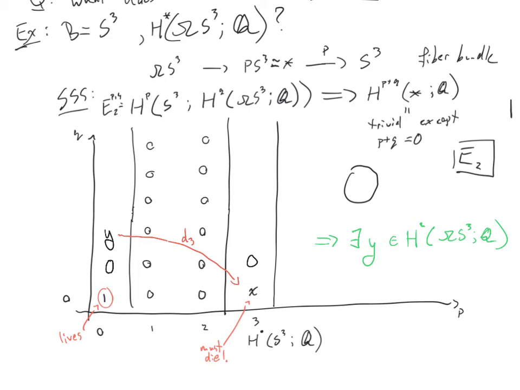Now, this is a multiplicative spectral sequence, so there's an element x times y, and by fiat, that one isn't 0, because this element right here is generating, x times y generates H3 of S3 with coefficients in H2 of loops S3, coefficients in Q. And we now know that that's a copy of Q, so this is H3 S3 with coefficients in Q, which is a copy of Q. So there is this new guy X3.